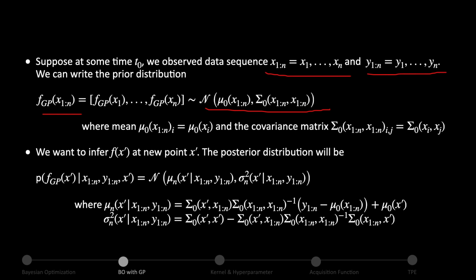And then we want to infer f of x at a new point x prime. Based on the GPR, the posterior distribution will be the probability of FGP of x prime given our dataset x1 to n and y1 to n and our x prime. This will be a normal distribution with mean mu n and variance sigma n squared, and it is computed in Gaussian process regression.